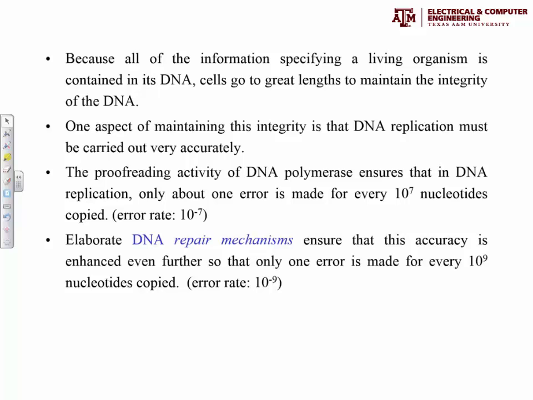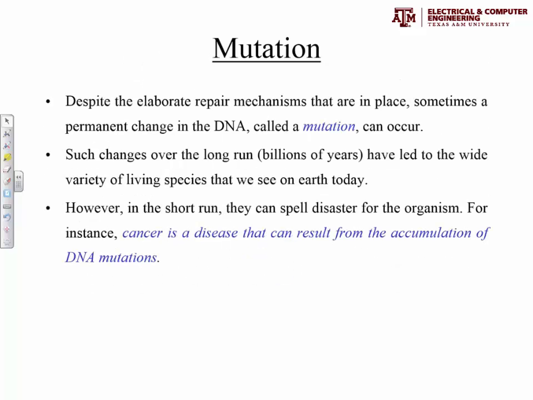So there are DNA repair mechanisms that will ensure that this accuracy is enhanced even further by a factor of 100. So that in the end, in DNA replication, there is only one mistake made for every billion nucleotides copied. Now, you have 3 billion letters, you're making one mistake every billion nucleotides copied, and you have all these repair mechanisms.